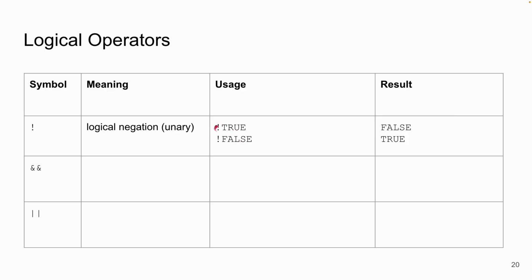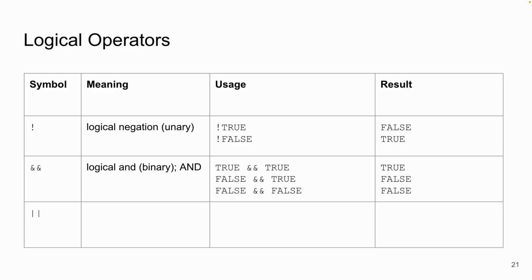If we add the logical negation in front of a true value, a condition which will return true, then the result will become false. Similarly, if we add the logical negation to a return value that is false, then the return value will be true. So basically what logical negation does is turn true to false and false to true.